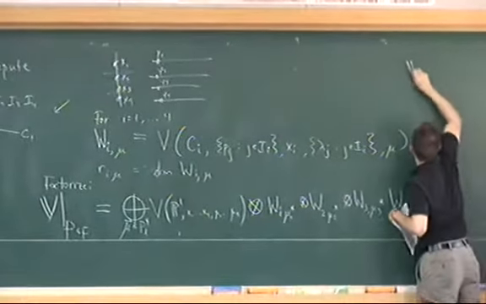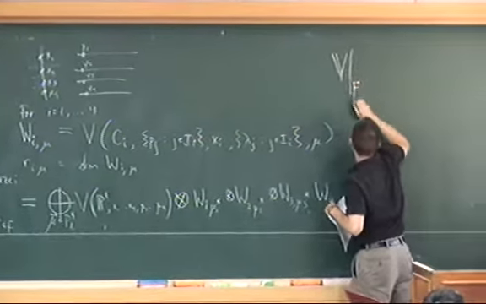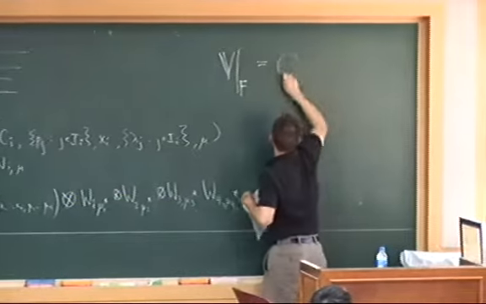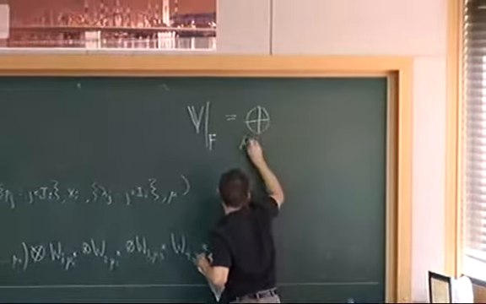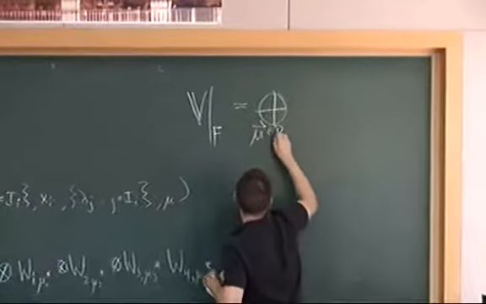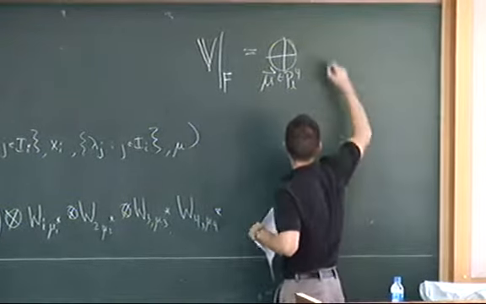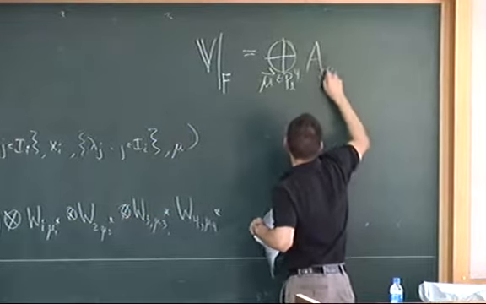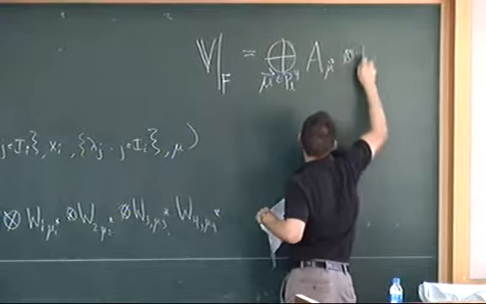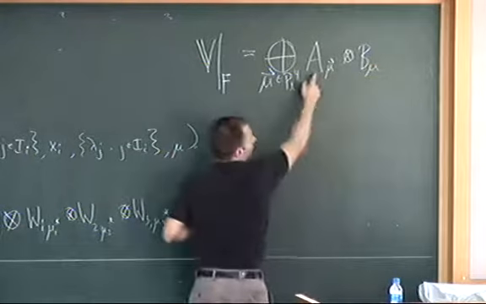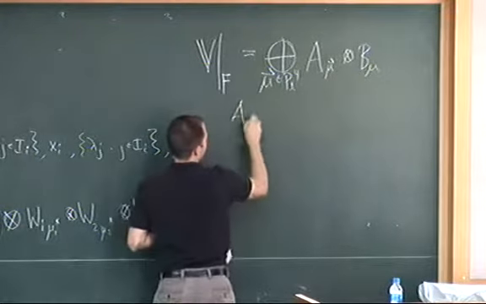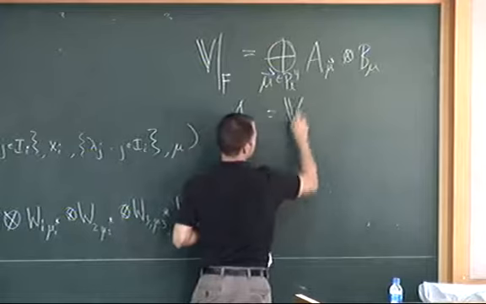So my vector bundle restricted to the F curve looks like a direct sum, again, over all possible mu's in the Weyl alcove of length 4. I'll write it just as A sub mu tensor B sub mu, where A sub mu is a conformal block on P1.